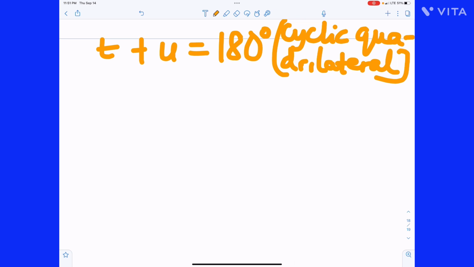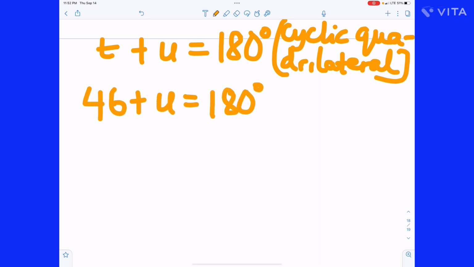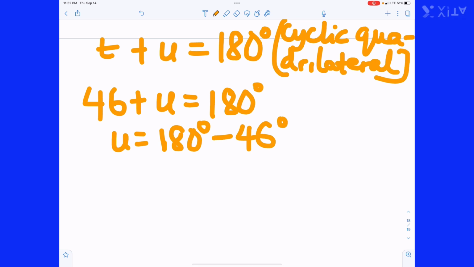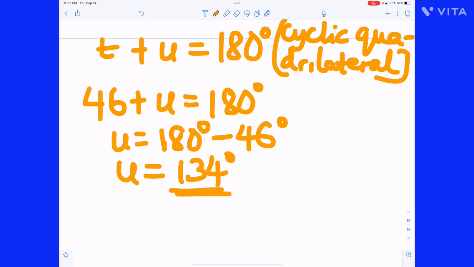So, what do we get for T? 46 plus U is 180. U will be 180 minus 46, and U will be 134.